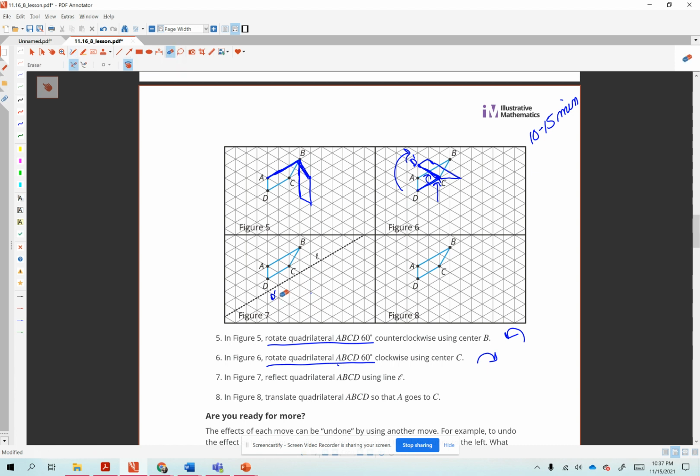I'm going to start over a little bit. Okay. This point here, point C, will go right here. Point D, there.